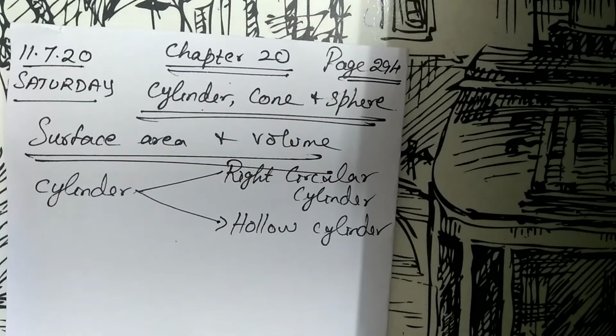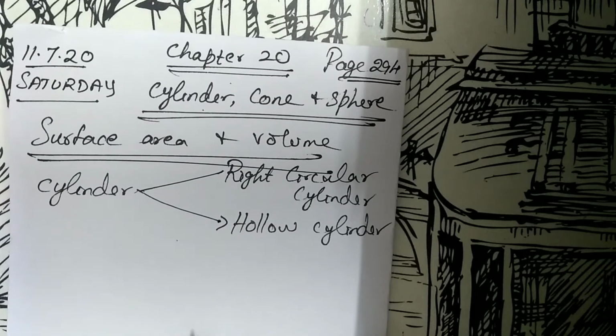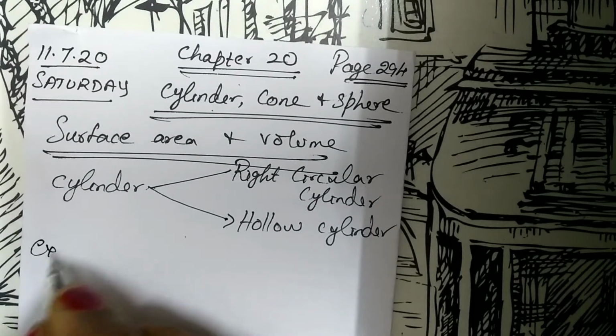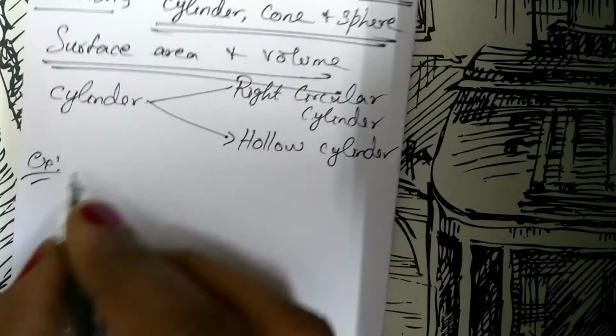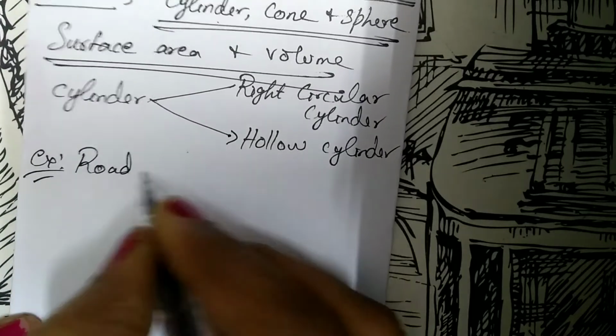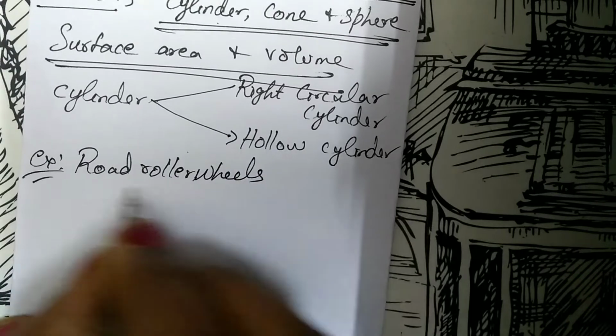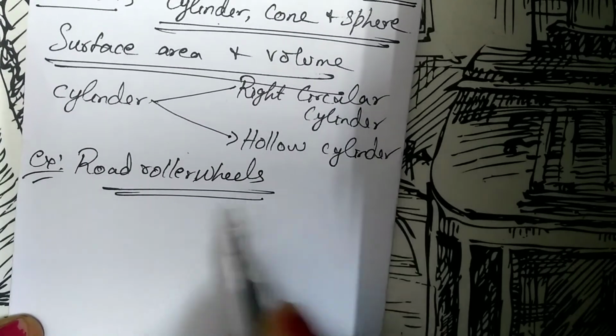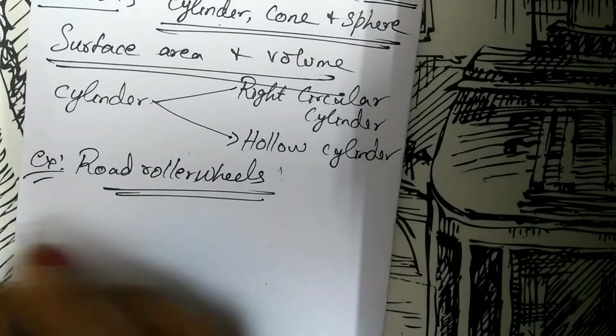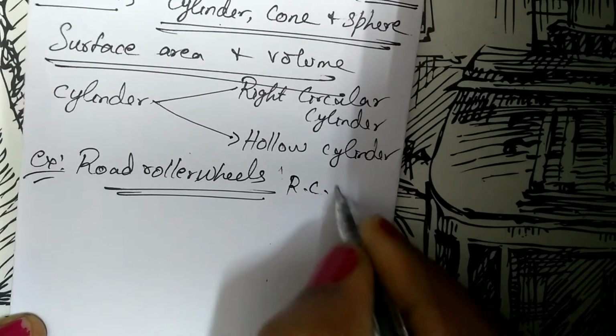Anything in a solid form, like the road roller wheels. In a road roller, the wheels are solid. So that is a right circular cylinder.